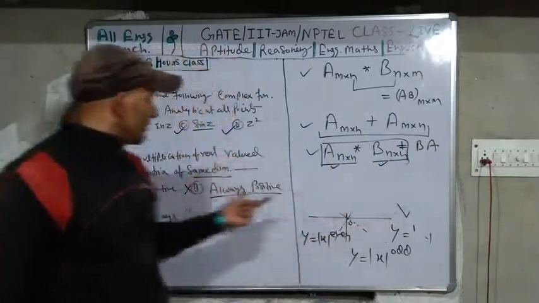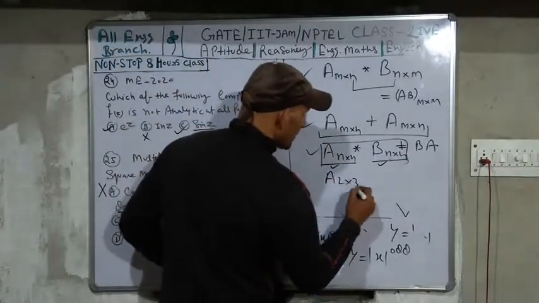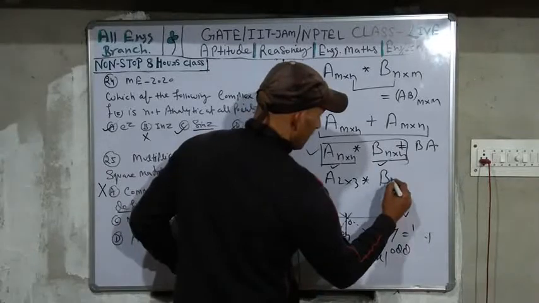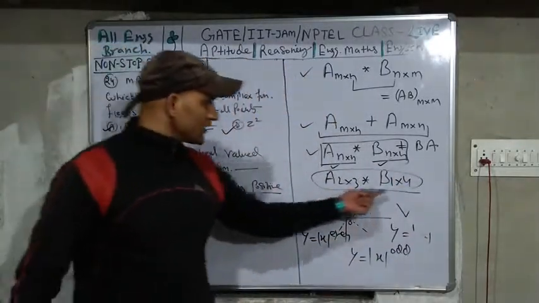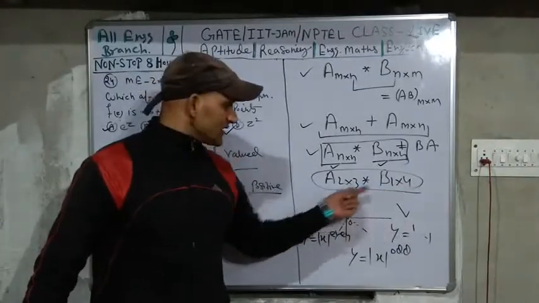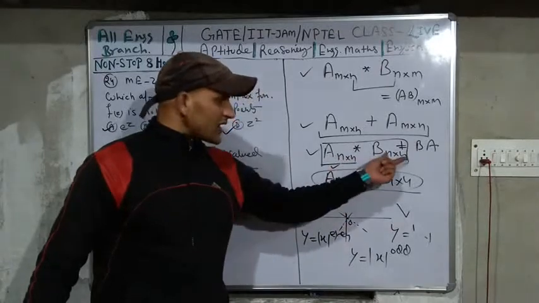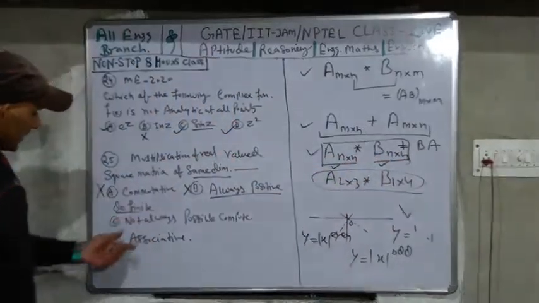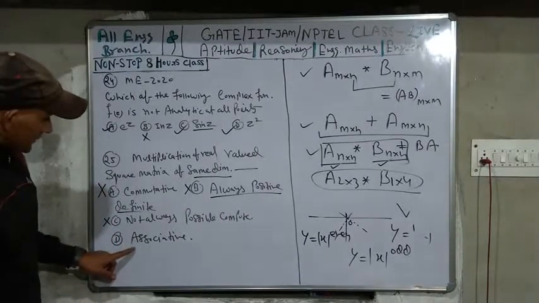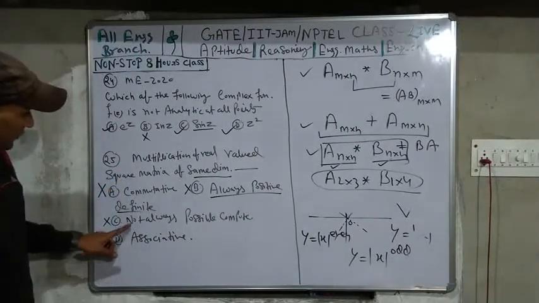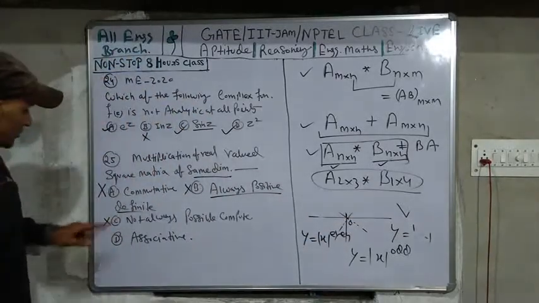If I write A as 2 into 3 and B as 1 into 4, you cannot compute in this condition, because the orders are different. These are not mirror images. But here both are the same, so you can compute. So that is also a wrong answer.